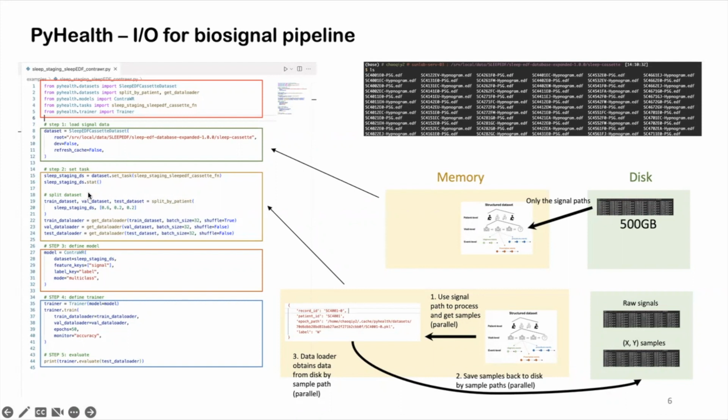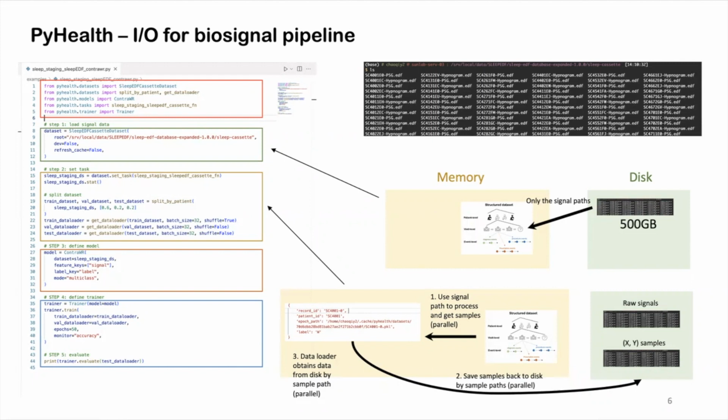And then for the second step, which is the set task step, we again define a task as we do in the electronic health record pipeline. We define a task and then we process based on this signal path. It's a little bit complicated. We use the signal path to process a super long recording, and we split the recording into different segments.